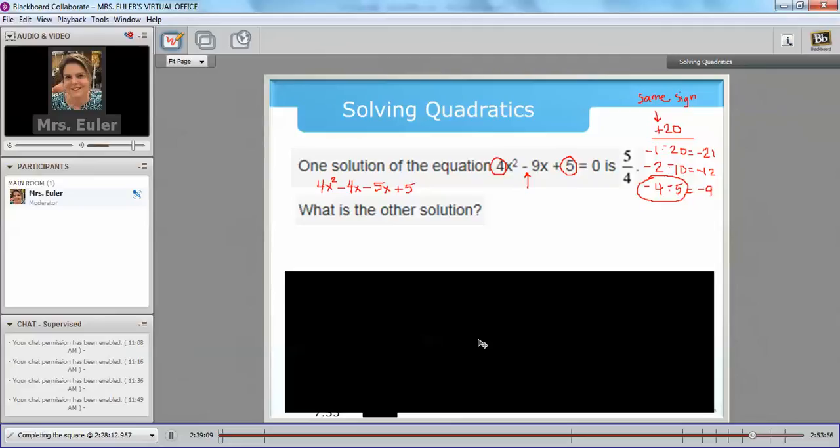The reason we do that is because now we can group. And again, we're going to practice that grouping process. We group the first 2 terms, we group the second 2 terms, and we're going to factor out the GCF. What do the first 2 terms have in common? They both have a 4, and they both have an x.